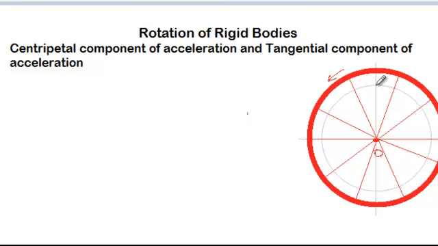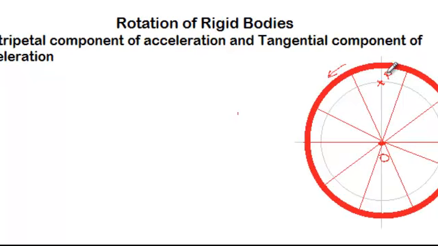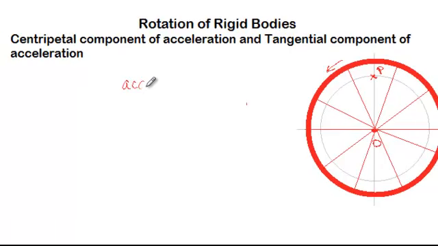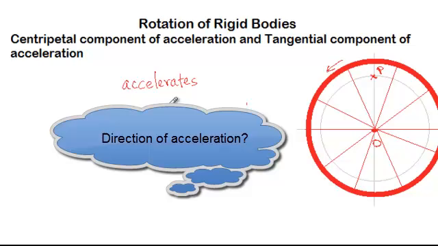Now I'm going to take one particle over here, say at this point, and let's say this particle is P. As the speed of the wheel increases, the particle's speed also changes, and we can say that this particle accelerates. But what is the direction of this acceleration?